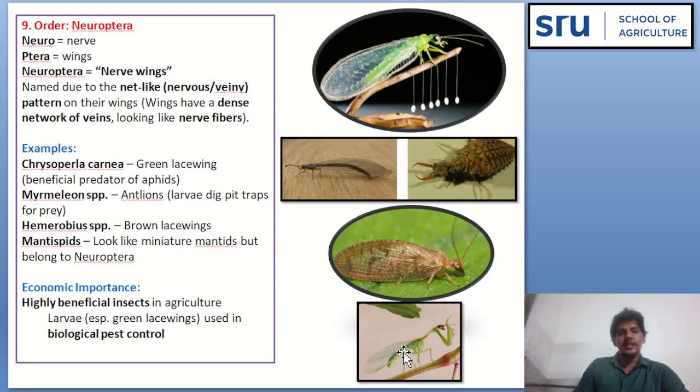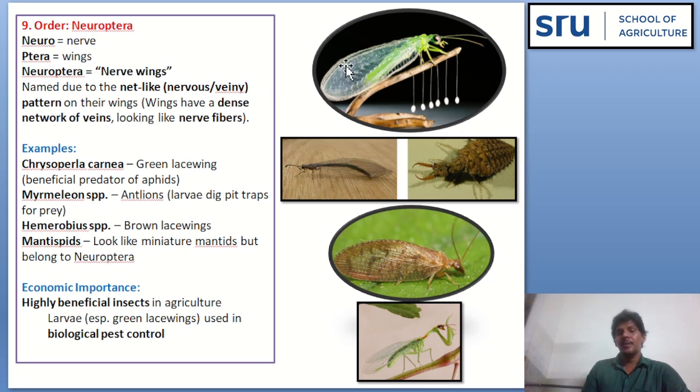Last order is the Neuroptera. Neuro means nerve, ptera means wings. Nerve-like pattern possessing wings. Named due to the net-like or veiny pattern on their wings. Wings have a dense network of veins looking like nerve fibers.